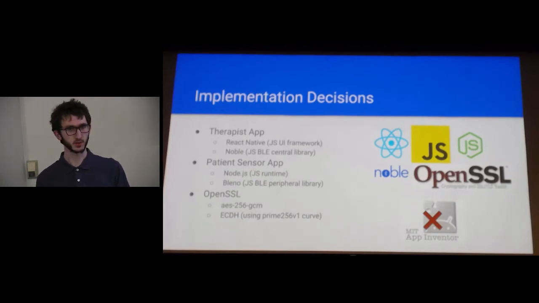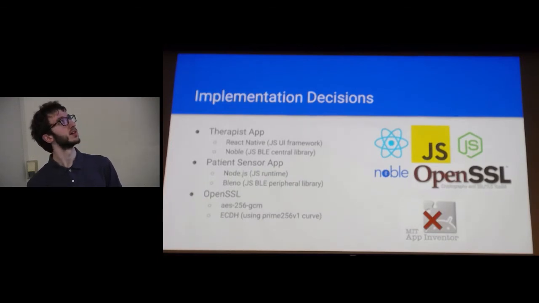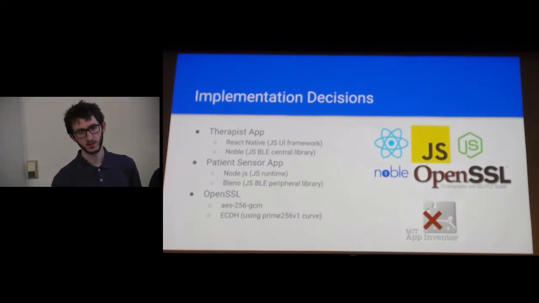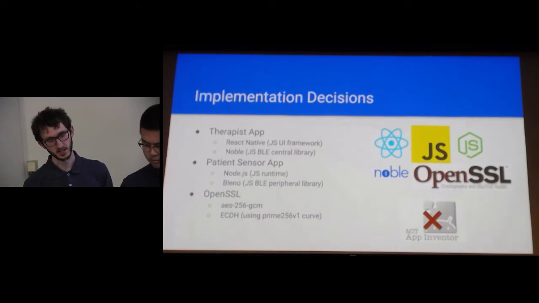So we switched to React Native, which is written in JavaScript, and the peripheral device, which is on the patient, runs Node, which is also JavaScript, and both applications use OpenSSL, specifically the AES encryption and ECDH key transfer algorithms.